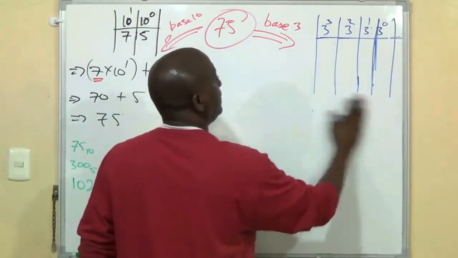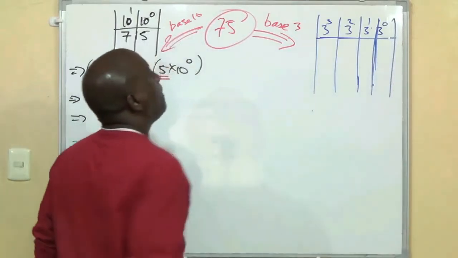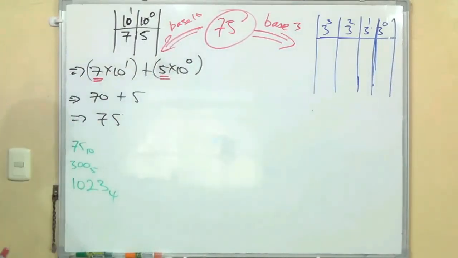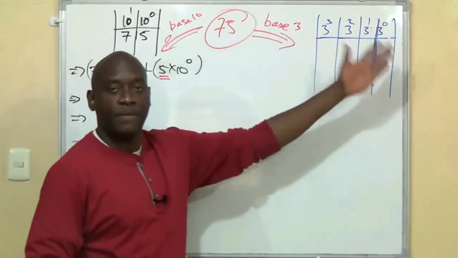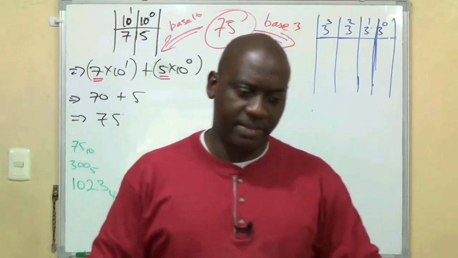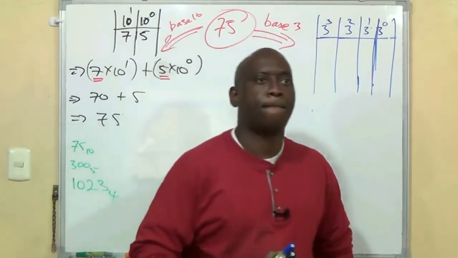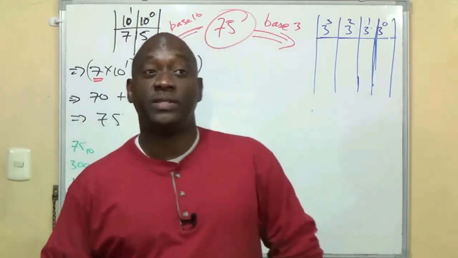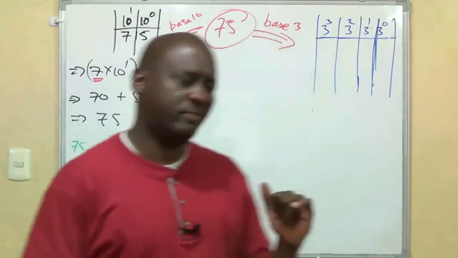Alright, so base 3. Again, we're starting from the highest power. So 75 divided by 27 is how much? 27 by 2 is 54. 54 and the 21 is 75.